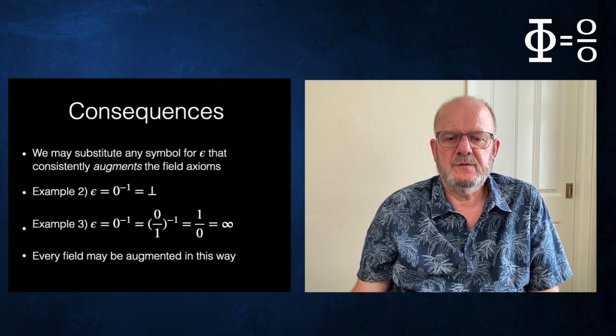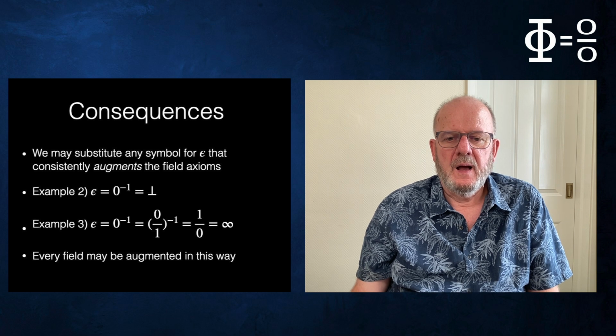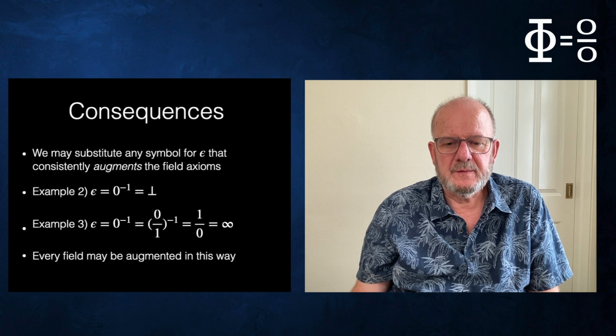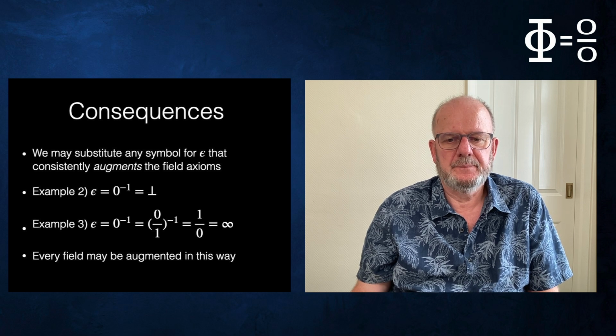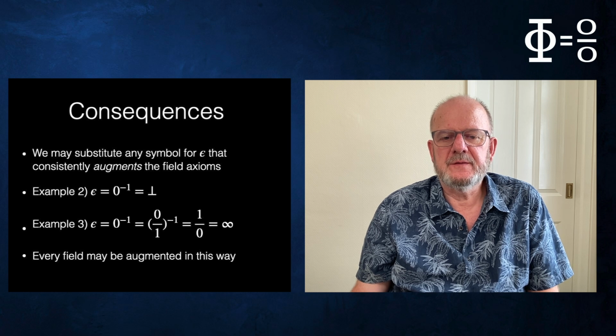It guarantees failure in calculus, in physics, in all of the numerate sciences. I understand why mathematicians have done it that way, but I think it's a bad idea. You can take any field and augment it to provide division by 0 in these two ways.